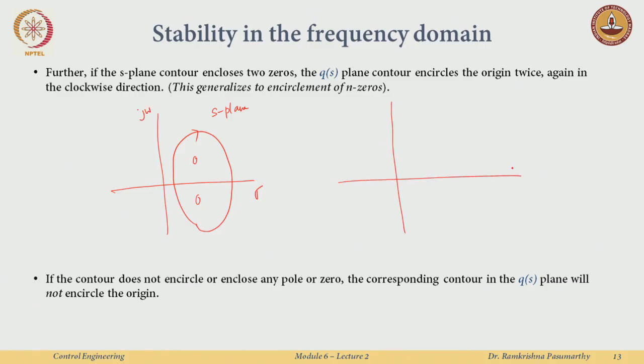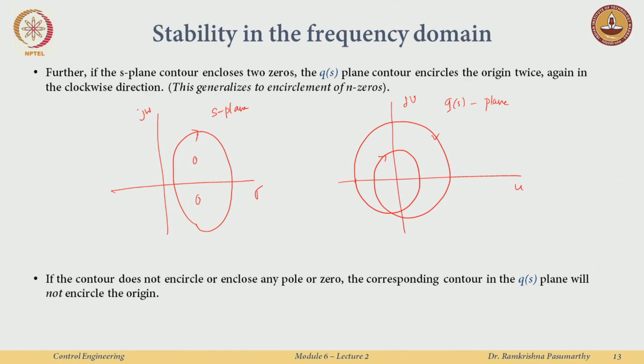What will happen here is that I will encircle the origin twice, once like this and once like this, maybe something like this. Again, the shape is not really important. What we are interested in is the encirclements of the origin. Similarly, if there are n zeros, I will encircle the origin n times.